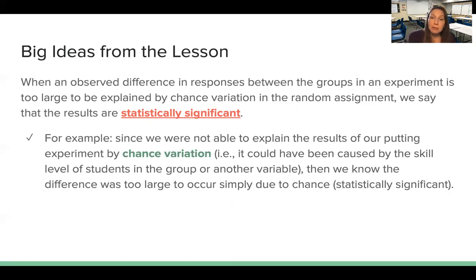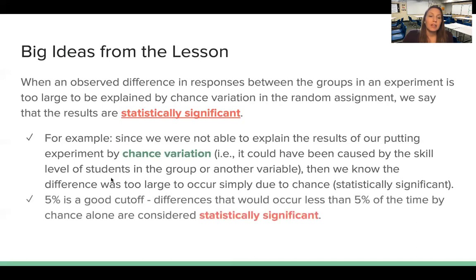Since we were not able to explain the results by chance variation, then we know that the difference was too large to occur simply by chance. So that again means it's statistically significant. When we looked at our simulation results for our experiment, we didn't have any results above the 2.9.